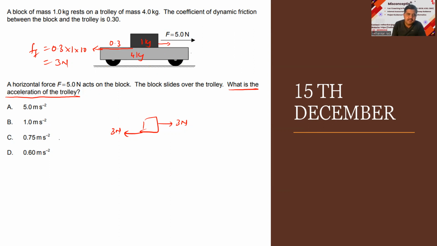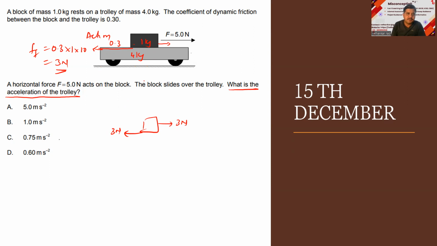Now, where is this 3 Newton acting? This 3 Newton is acting on the upper block. The lower block, because of friction, tries to prevent this object from moving away. So 3 Newton has acted like this, and this is my action force. Because there's an action force, the object should also give a reaction force.